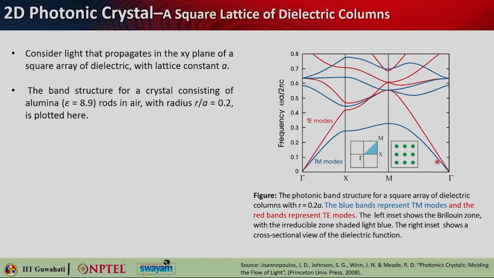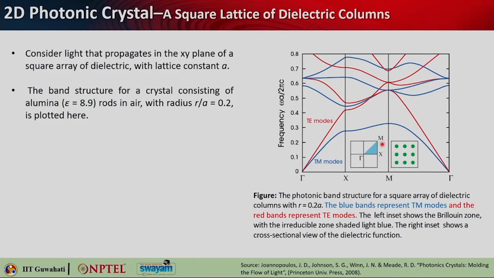So when you take this, you can plot this particular band diagram. Now what are these points gamma, X, M, gamma? As you can see here, this is the square lattice, this is how the rods are placed, okay. And if you think about the Brillouin zone, it will also be of a square shape, but in that you can find that this blue shaded triangle is basically the irreducible Brillouin zone, and you can mark the key points of that irreducible Brillouin zone as gamma, X and M, okay.